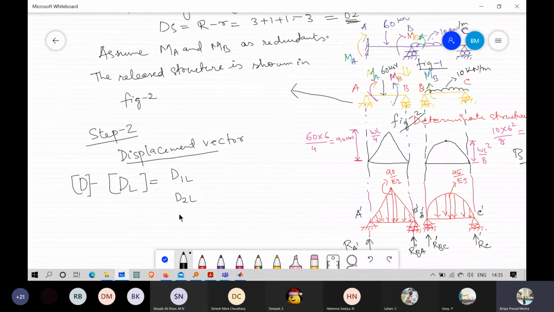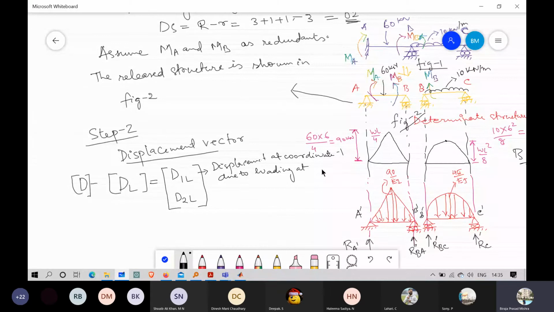Now what is this d1l? d1l is the displacement at coordinate 1 due to the given loading.